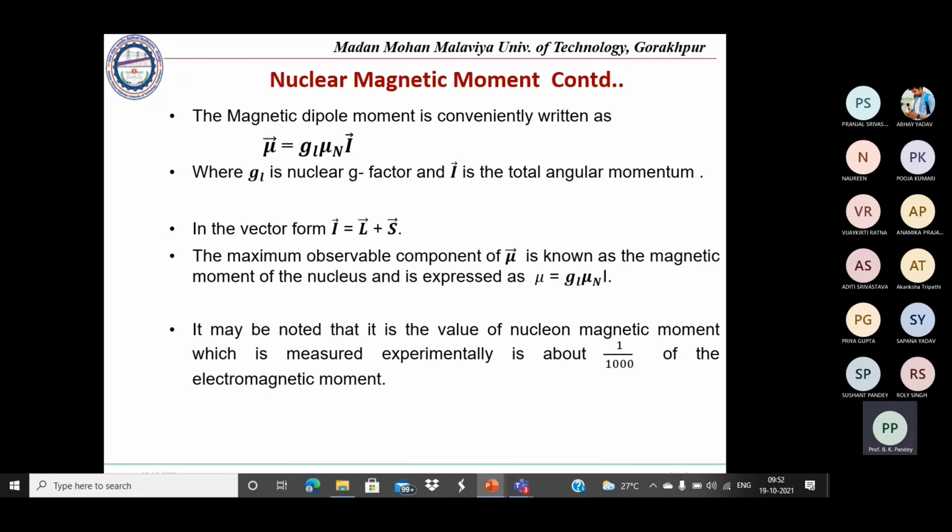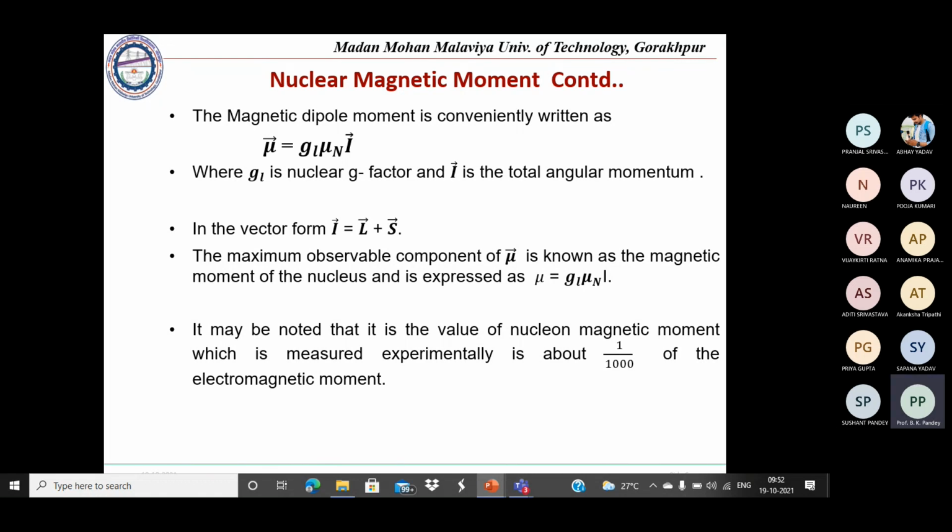It may be noted that the value of the nucleon magnetic moment, which is measured experimentally, is about 1/1000 of the electromagnetic moment.